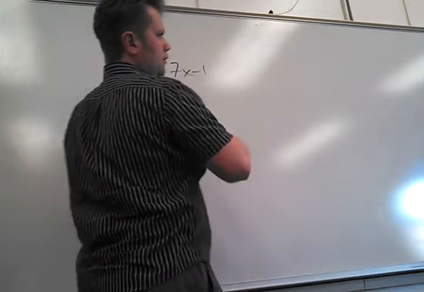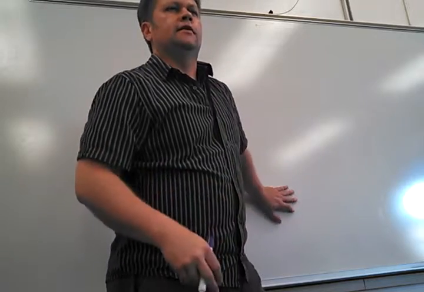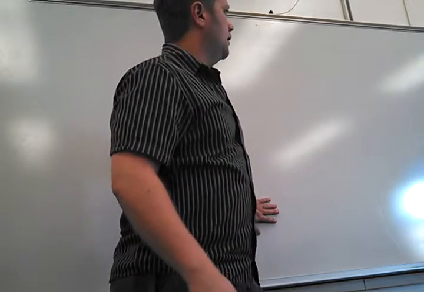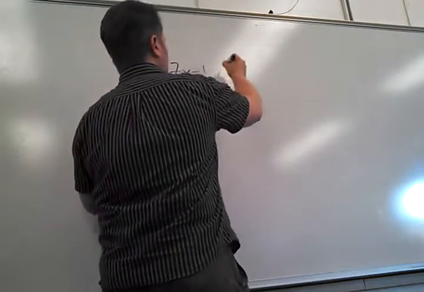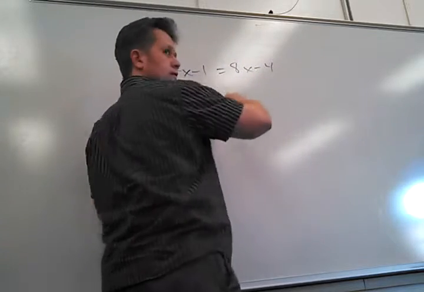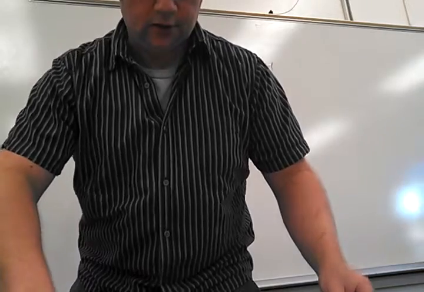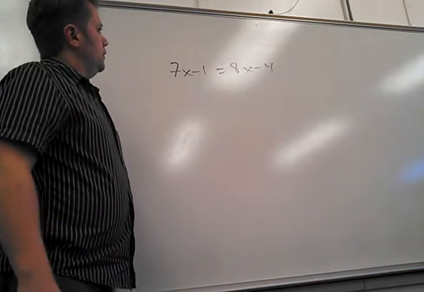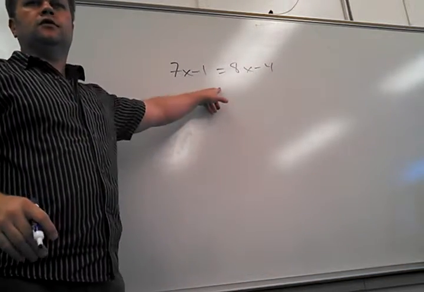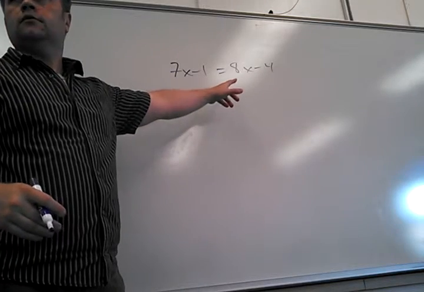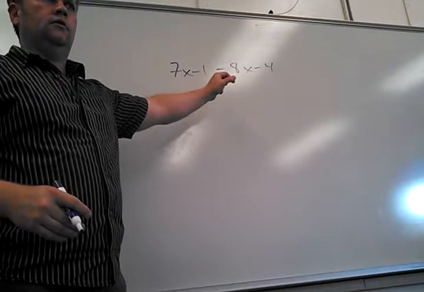All right, guys. People. I think it's probably from one of the earlier sections. So how would you solve this equation? This is a classic place to get to in solving an equation.